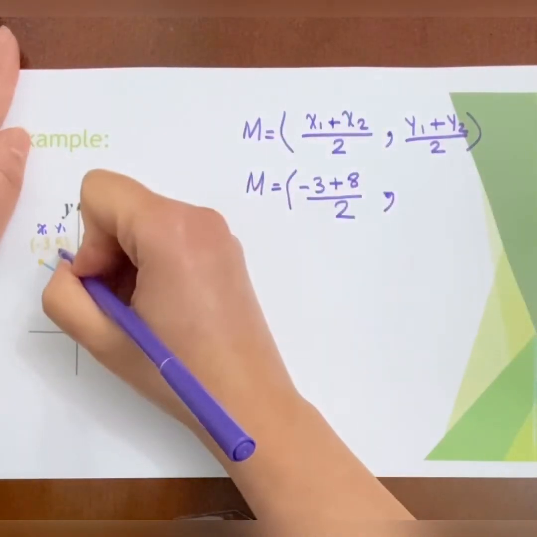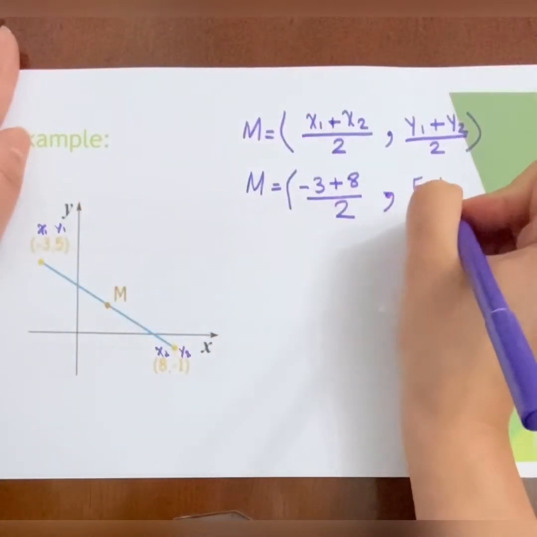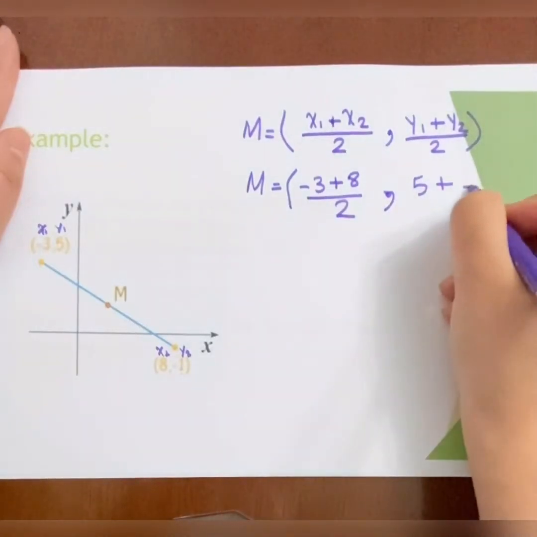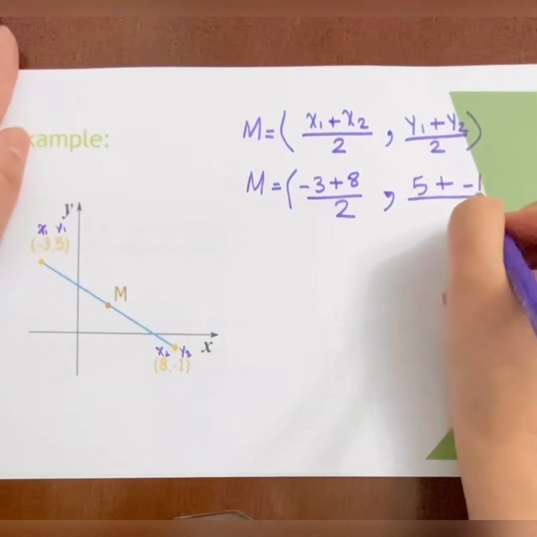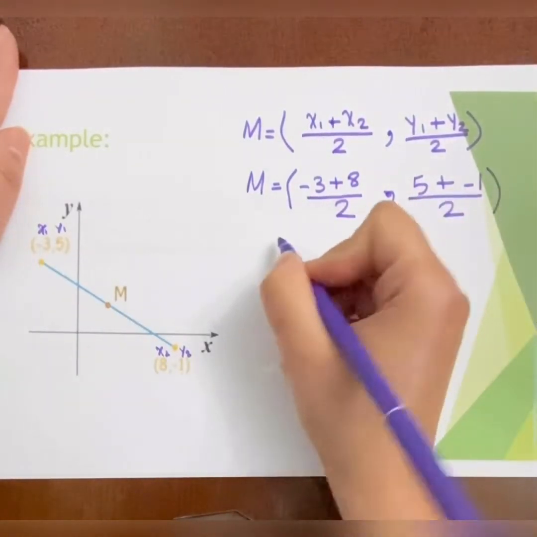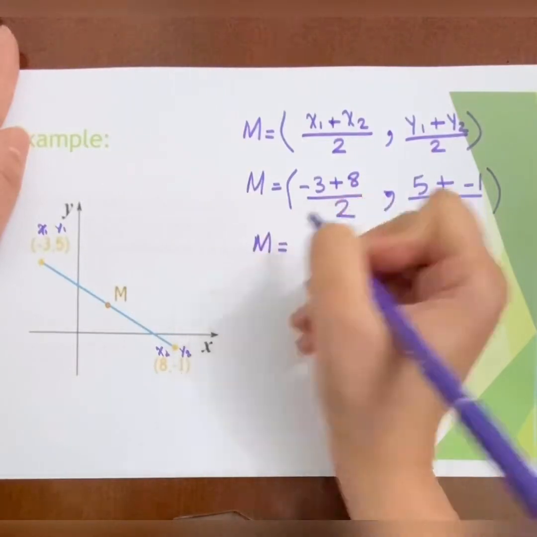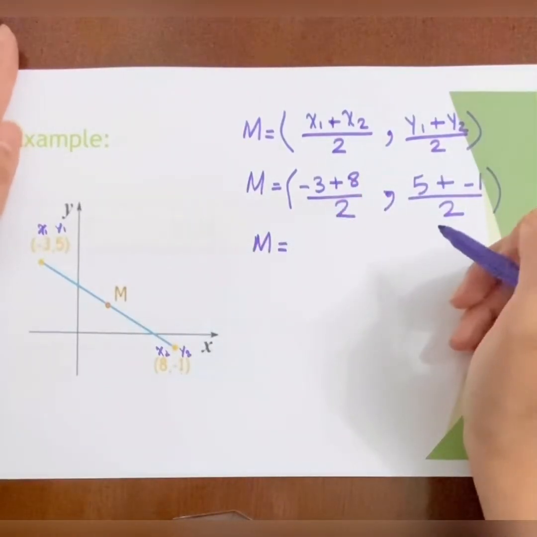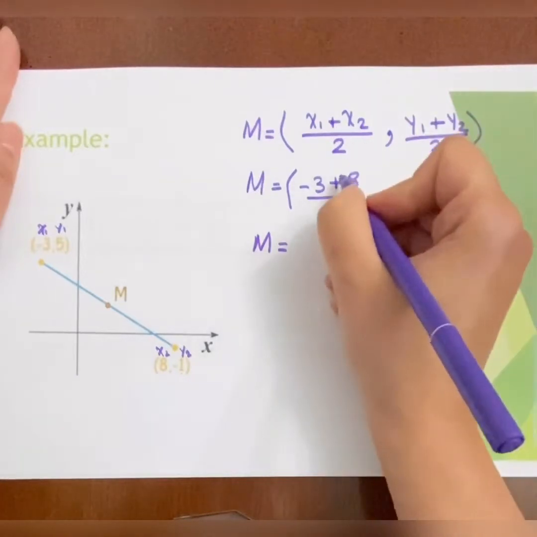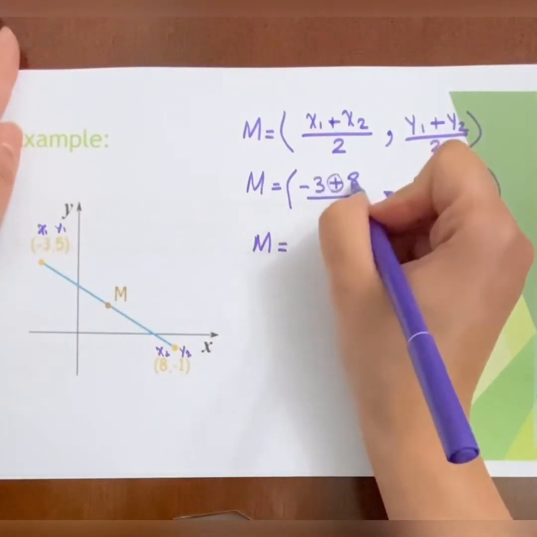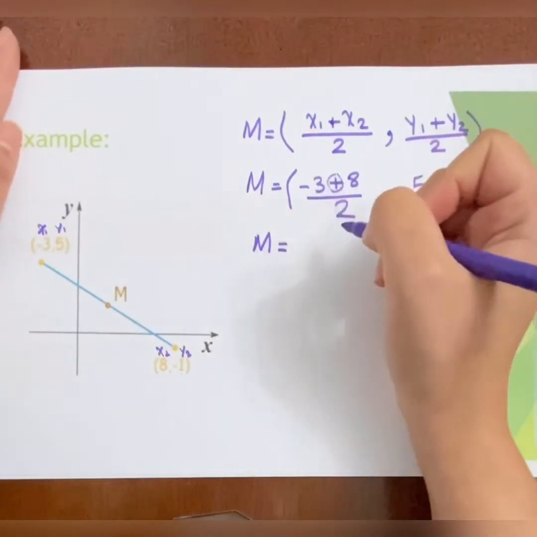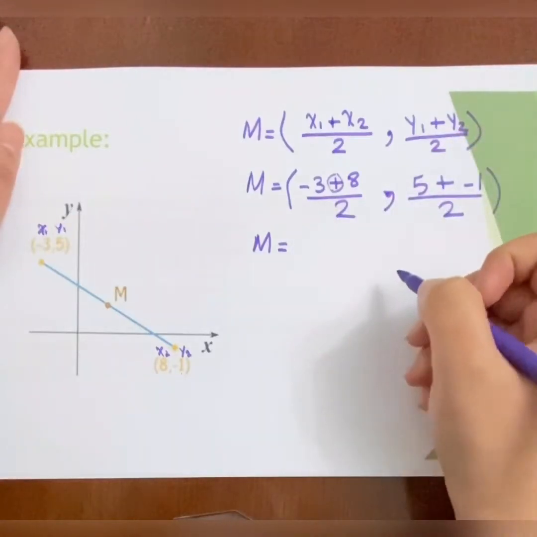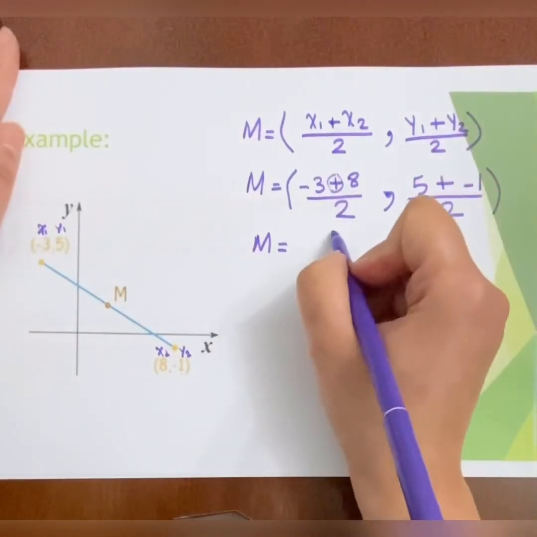What do we have as y1? 5 plus negative 1 over 2. We will get back to our adding and subtracting integers rules. Here, if you are adding two integers with different signs, what did we do? We subtracted. So we have to subtract. It's 5.